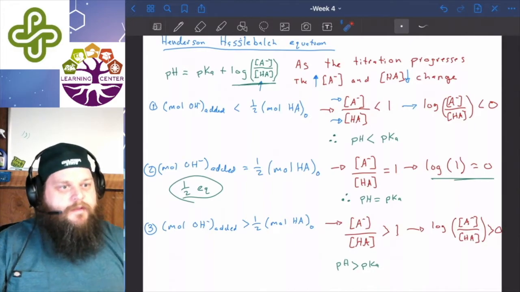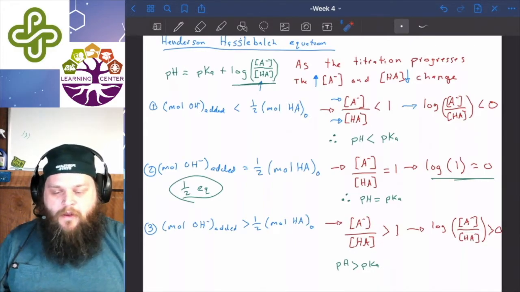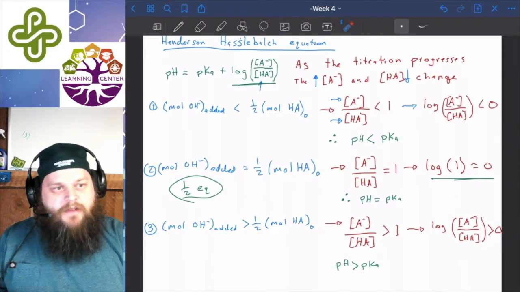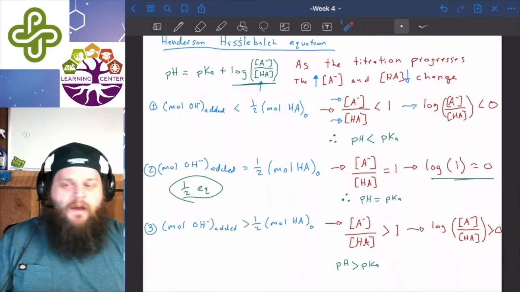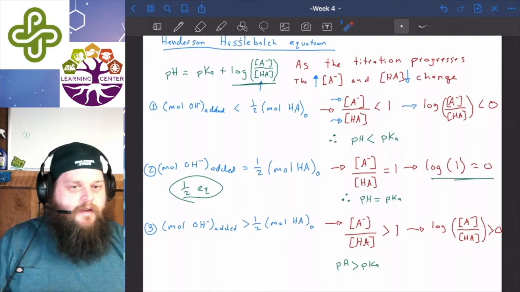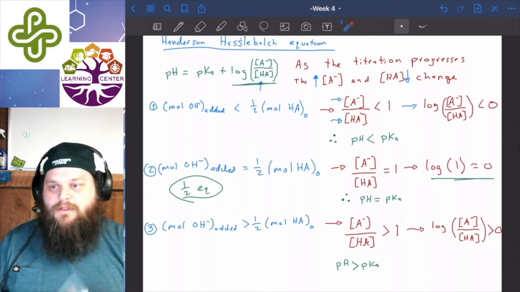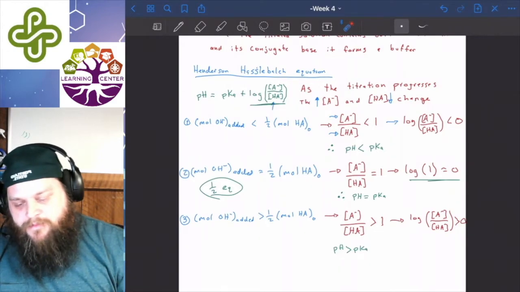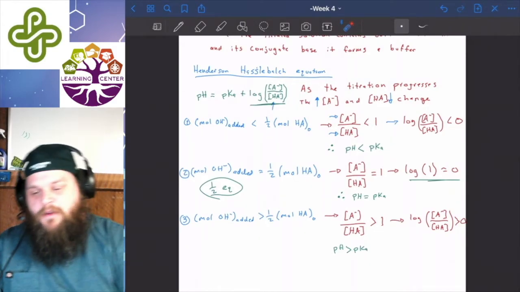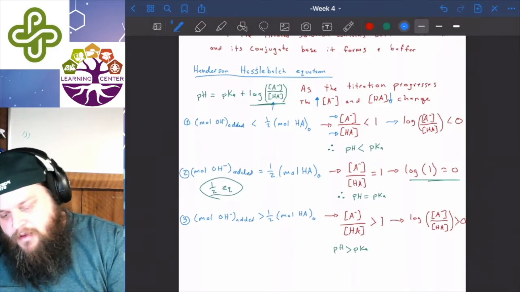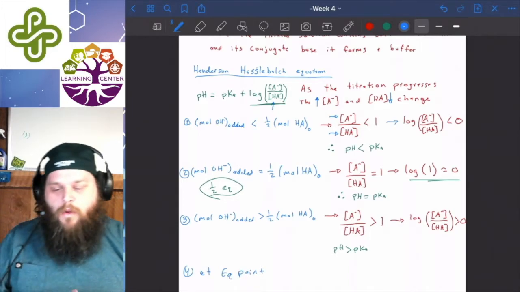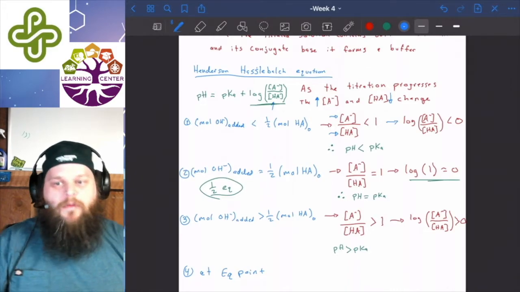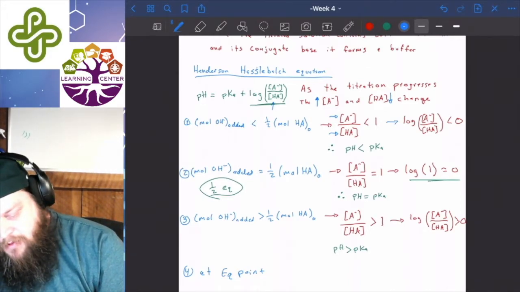At the equivalence point, you have added enough hydroxide ions to turn all of the initial acid into its conjugate base. But you do have a slight equilibrium still there. At the equivalence point, the Henderson-Hasselbalch equation doesn't work anymore, and that's when we use our quadratic formula.